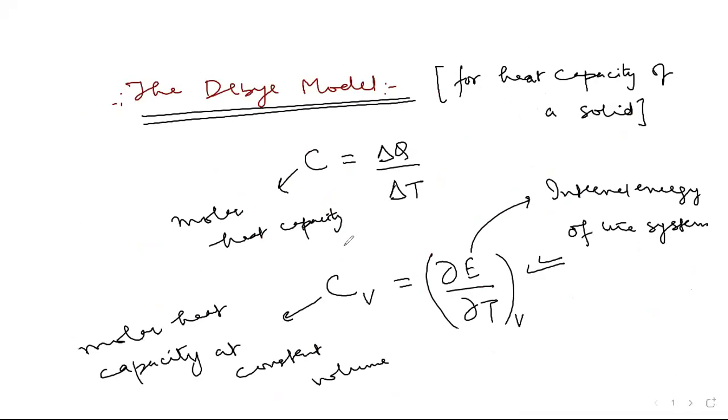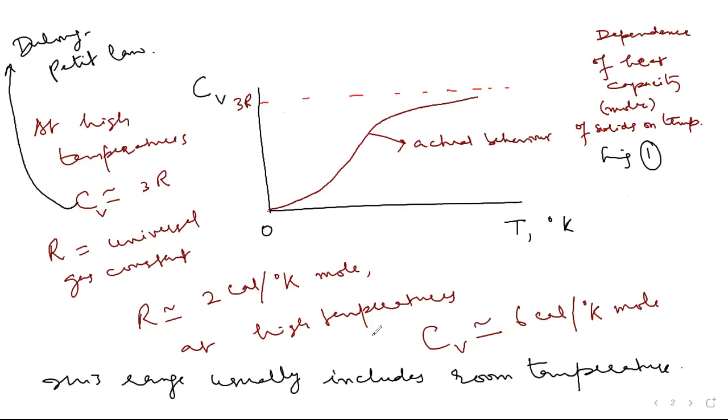So first we said how we define heat capacity. Then we said how we can obtain heat capacity at constant volume by finding the derivative of total energy with temperature at constant volume. Then we said how the heat capacity of solids depends on temperature. Then we said the Dulong-Pettit law says CV is approximately 3R, which is true at high temperatures, but at low temperatures the Dulong-Pettit law fails.